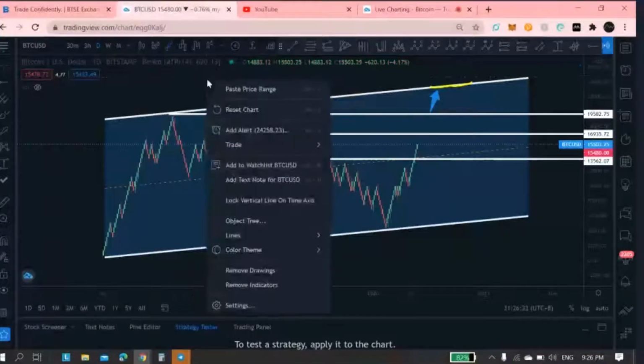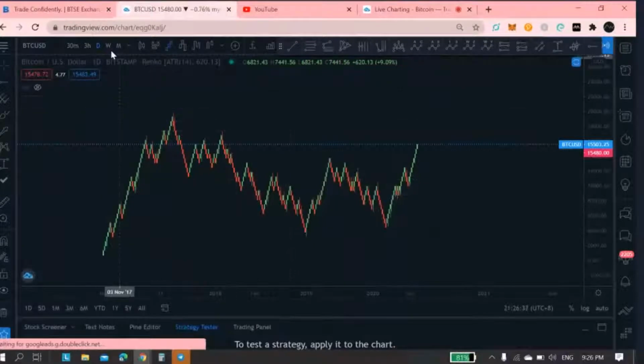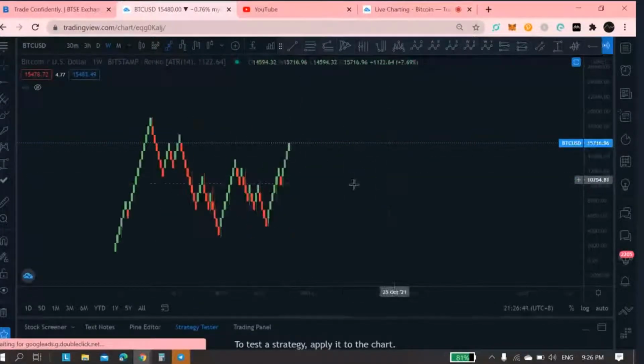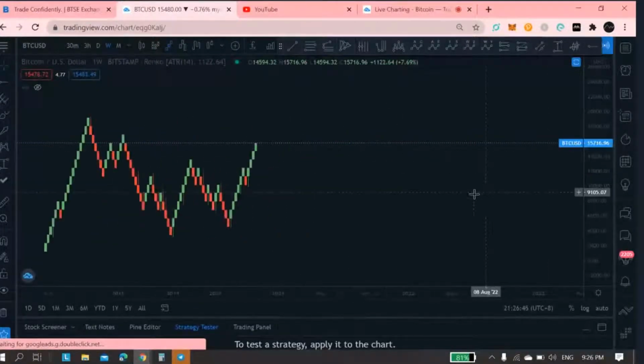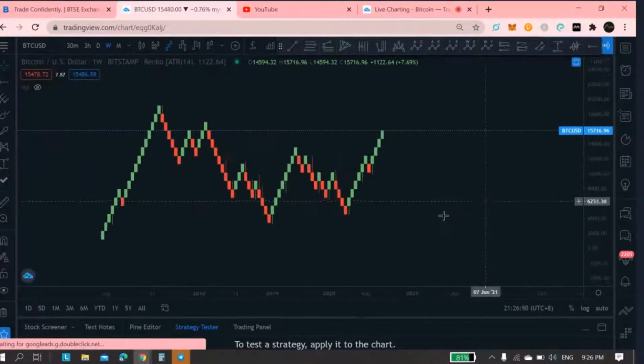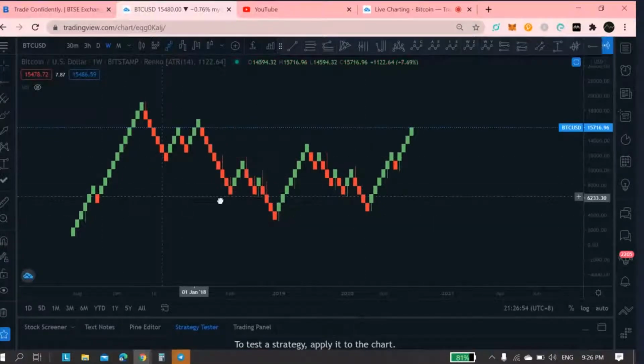Actually, this is by using the Elliott wave. So I will use this one, the weekly Renko chart. This is a long-term Renko chart using the weekly time frame.